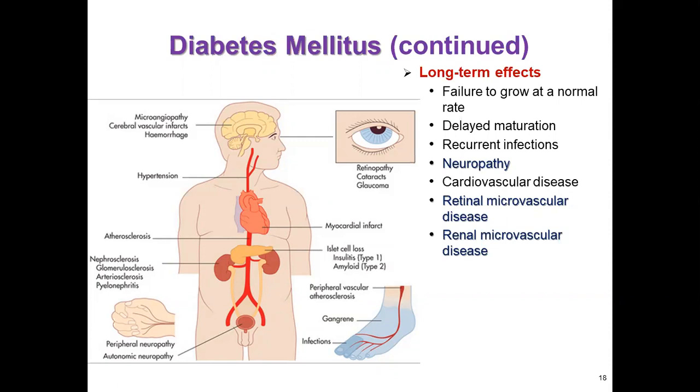So the patient who has had diabetes for a long time has a chance to develop peripheral neuropathy, right? And peripheral vascular arteriosclerosis, gangrene, and infection or ulcer develop. So in this chapter, later on, we will discuss how to take care of the diabetic foot.